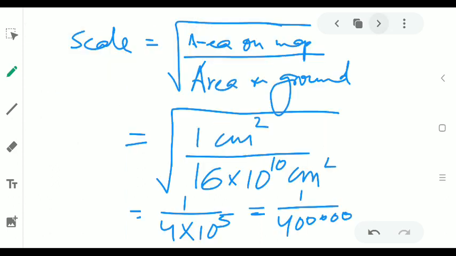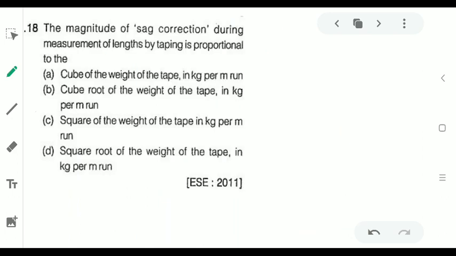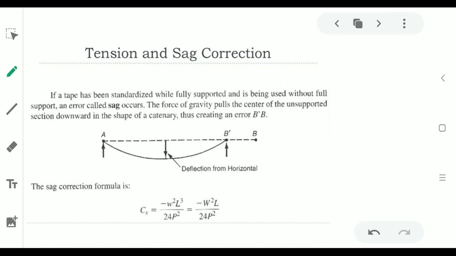Now moving on to question number 18, that says the magnitude of sag correction during measurement of lengths by taping is proportional to. So what is the value of sag correction? Sag correction की दो वैल्यूज हैं हमारे पास.